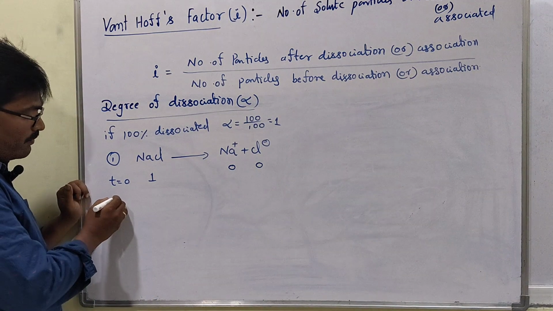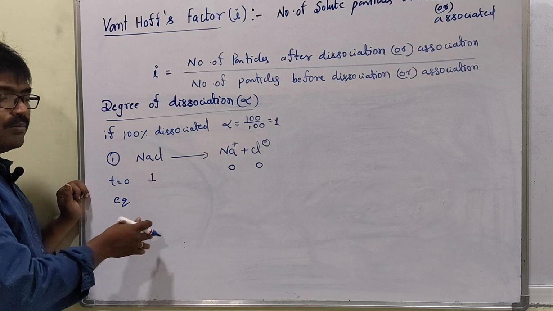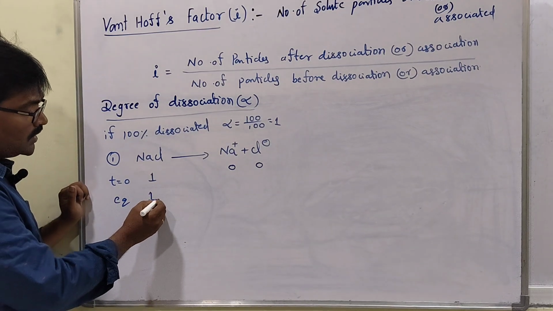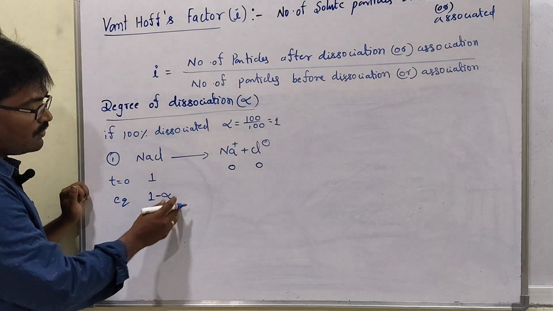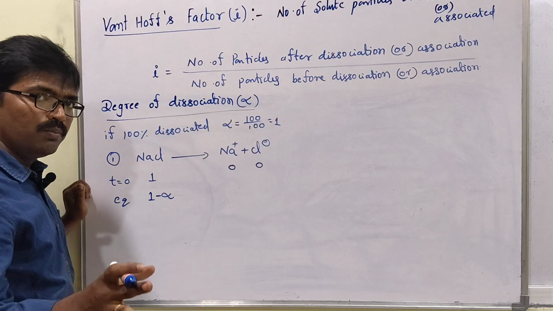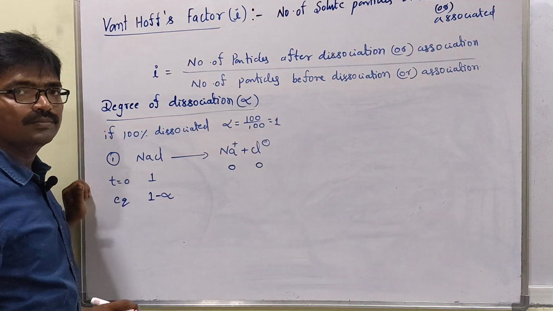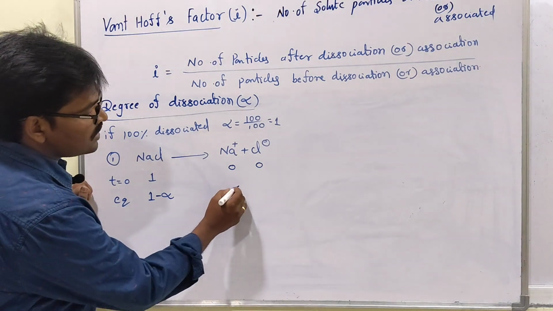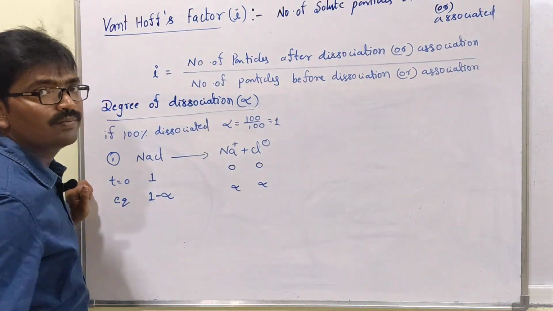Once after some time it will dissociate. ఎంత dissociate అయ్యింది అంటే it is 1 minus alpha. Alpha అంటే ఎంత? అది 60% అవ్వచ్చు, 80% అవ్వచ్చు, 100% అవ్వచ్చు. Clear? Yes. So ఇది alpha dissociate, these are also get alpha, these are also get alpha.